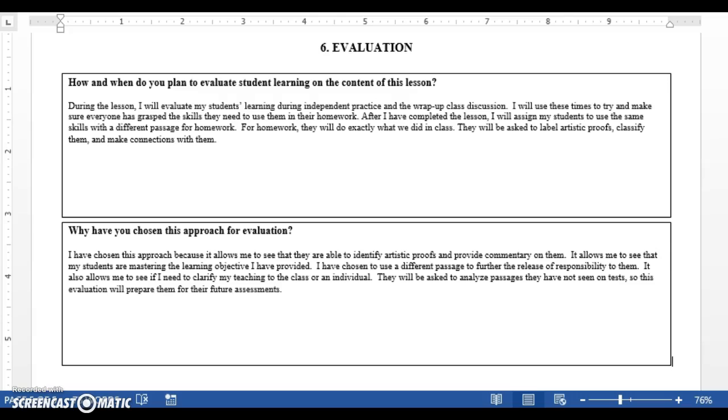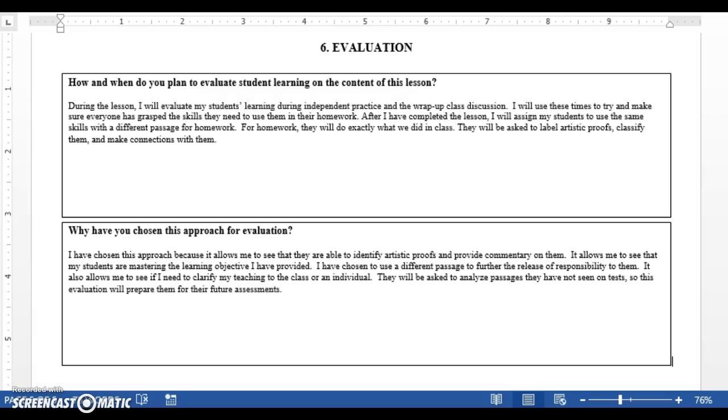The reason that I've chosen this approach for evaluation is because it allows me to see that my students can identify artistic proofs and provide commentary on them. Again, it goes back to that objective. What they will be doing is exactly the skill that I want them to obtain.